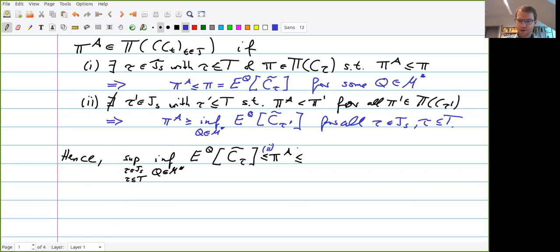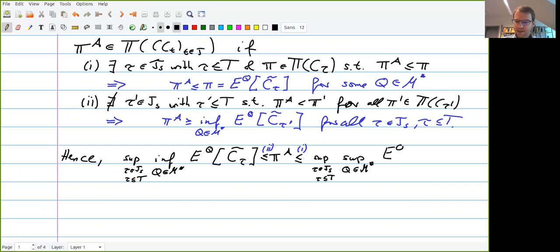Right, so what is condition 1? This gives me an upper bound, right? So I can here also take the supremum of all stopping times, which are less or equal than T. And what do I get here? Well, I can make this bigger by taking even the supremum of all martingale measures, right? Because if there's always some which is bigger than PA, then if I take the supremum, this makes it only bigger.